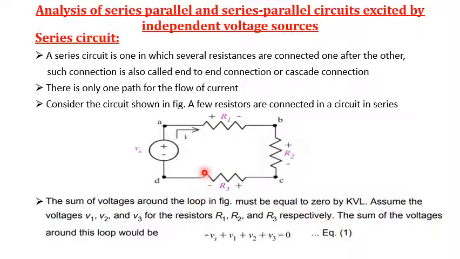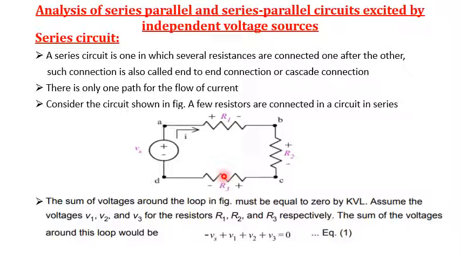Then I trace in the anti-clockwise direction. The voltage drop across the resistor R1 is V1, across R2 is V2, and across R3 is V3.